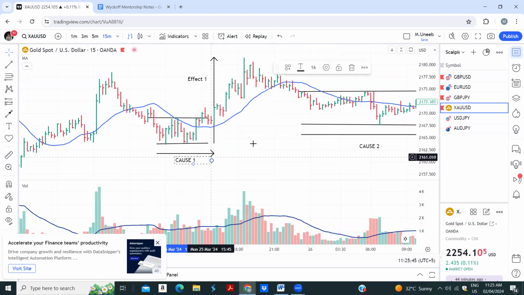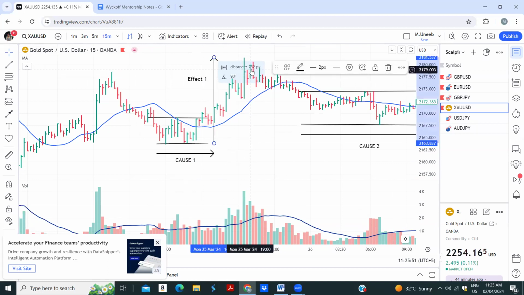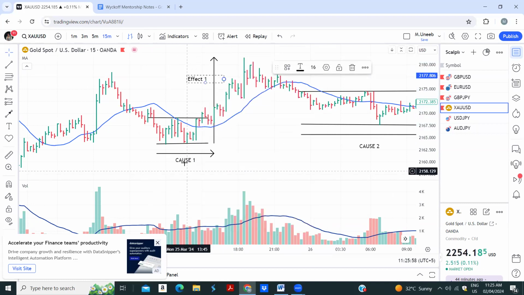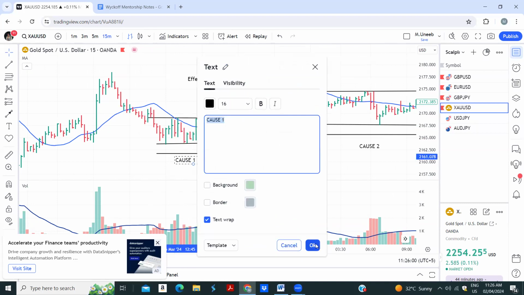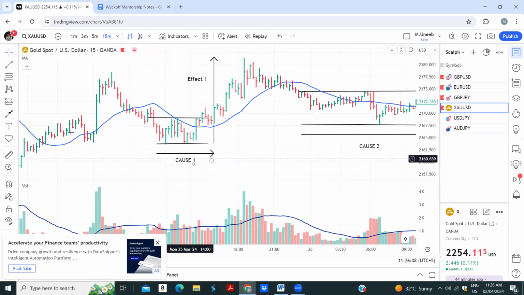Now, if we want to see how much bigger the effect is, we can just measure the height. You can see that the distance is 252 px. So we can see that it is 168 px.